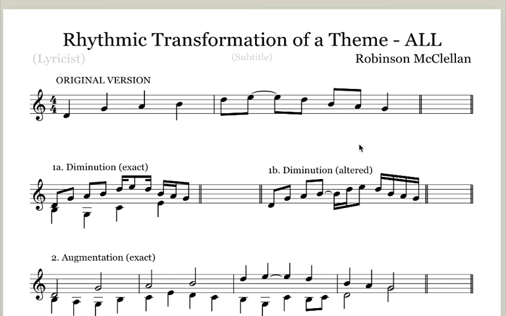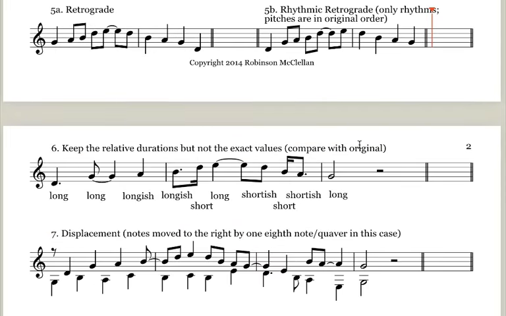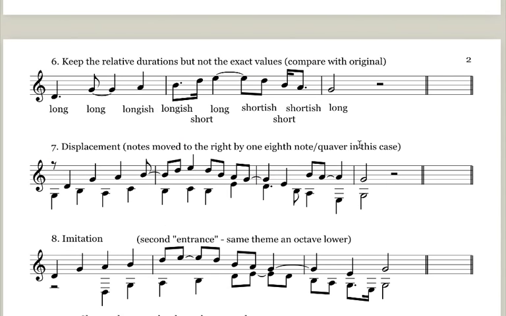What if we take long, long, long, long, short, long, 3 shorts and a long, and we take that as a really broad kind of generalized guide, but change the durations within that. So I'm going to keep my 4 long notes, but change them so now they're long-ish. They're not all exactly the same length.